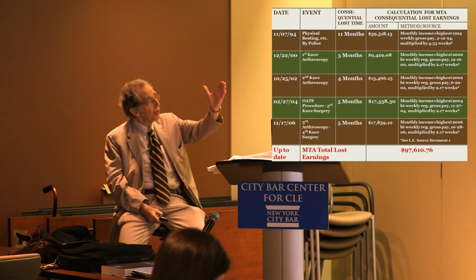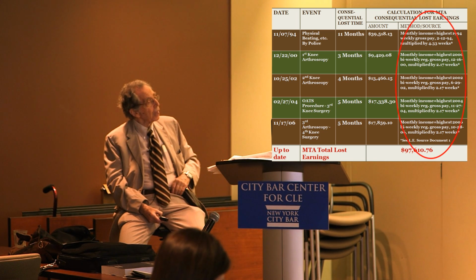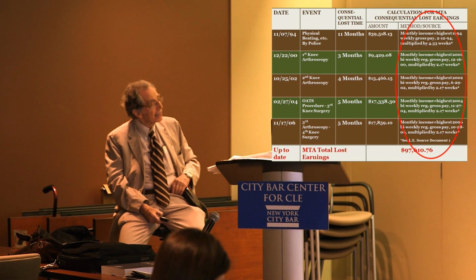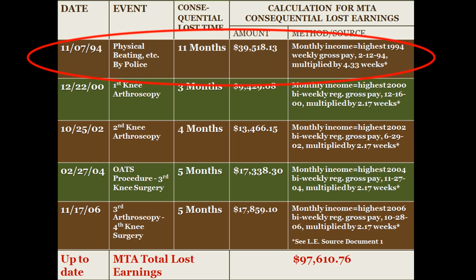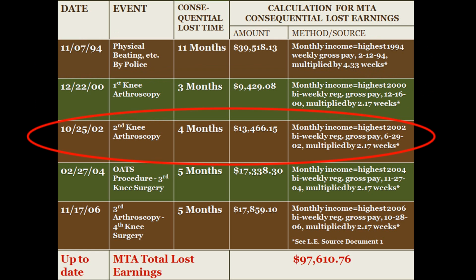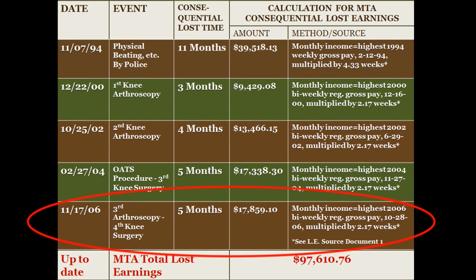And of course, there's my method and source column in order to make sure that James Brown would be able to present or to state the figures exactly, down to the cent, for the amount of money that he lost. So that covered the lost earnings periods for MTA.